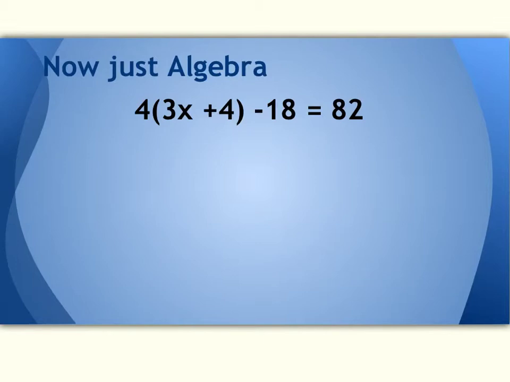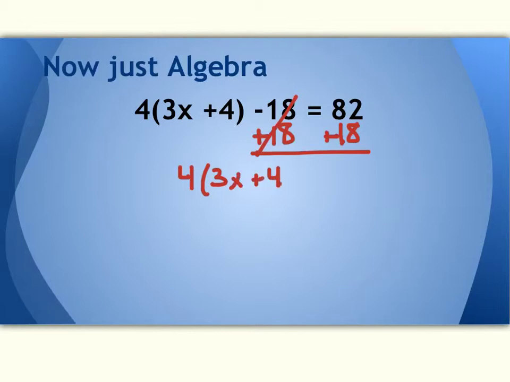Now what would happen if we just did the algebra, meaning none of the boxes, but still did the backtracking, the undoing of what we see? So first we would add 18, like we did on the last slide. This is the same problem. Negative 18 plus 18 is 0. Bring down, we have 3x plus 4 equals 100.